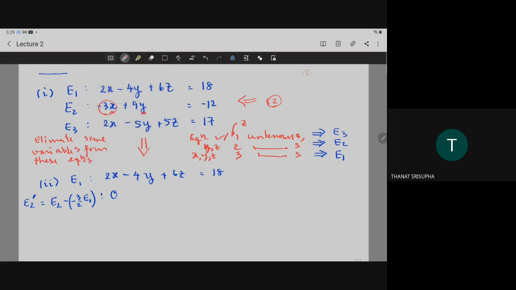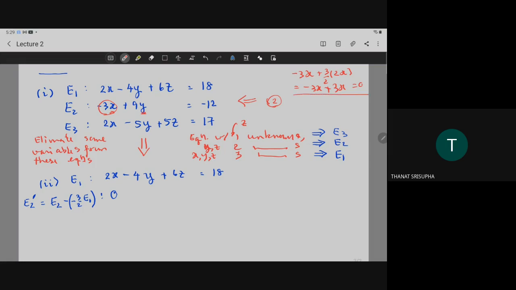So for x, I have minus 3x, and then plus 3/2 of 2x. So this will be minus 3x plus 3x equal to 0.